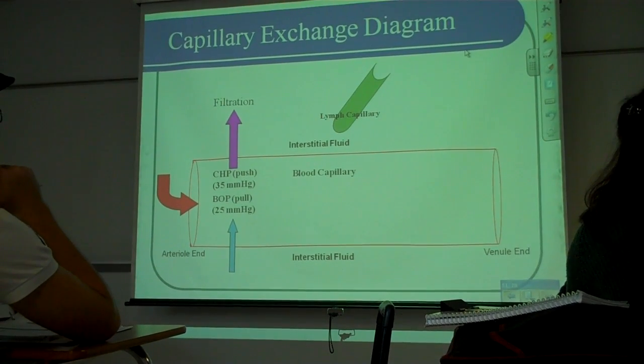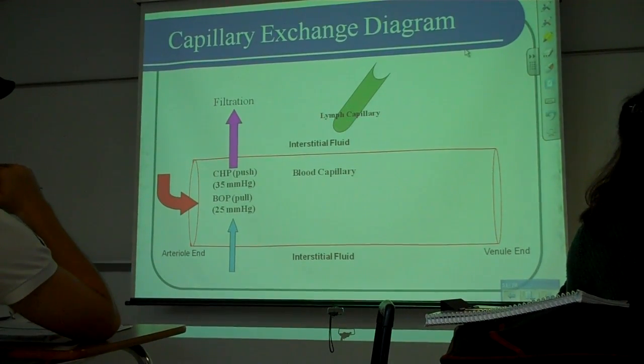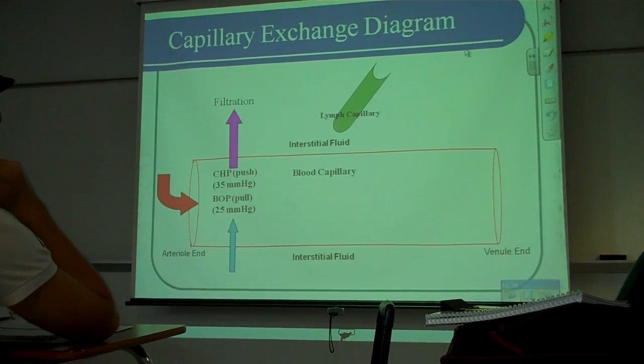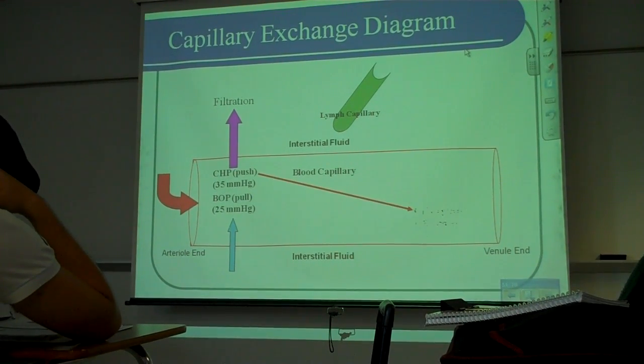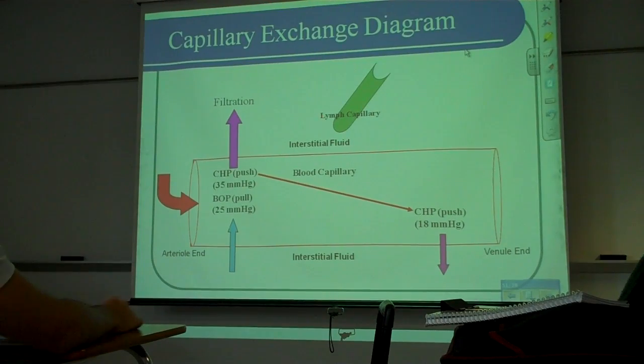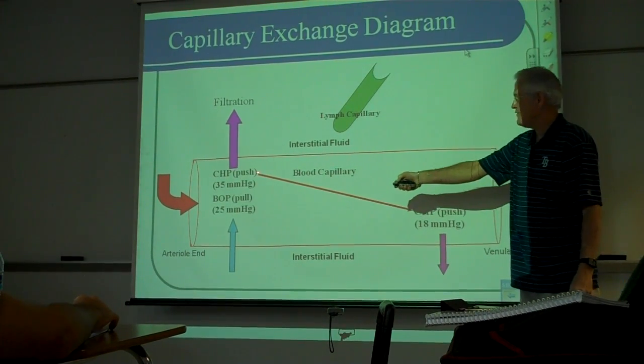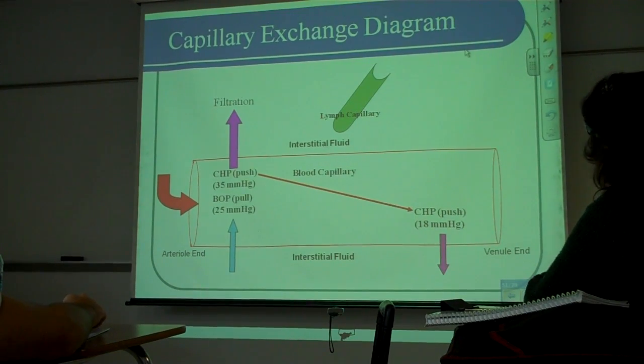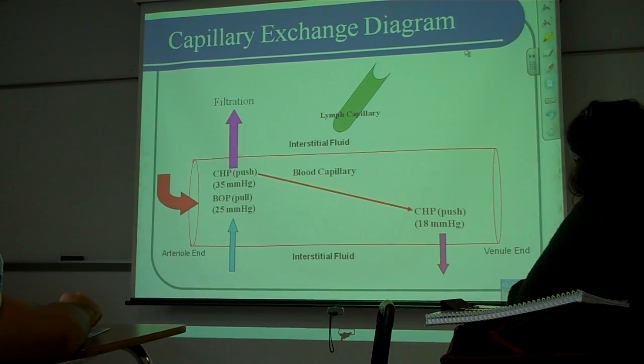And how does that happen? Well, notice what happens. We're going to use lines to show the changes in pressure here. Notice what happens to capillary hydrostatic pressure. 35, and it declines across the capillary bed down to, let's say, 18. That's usually a good figure for that. So it's dropped quite a bit there, as you can see.